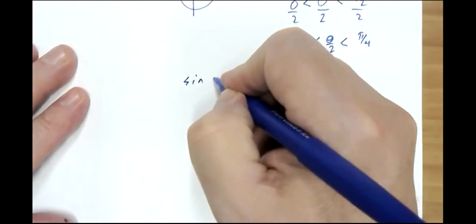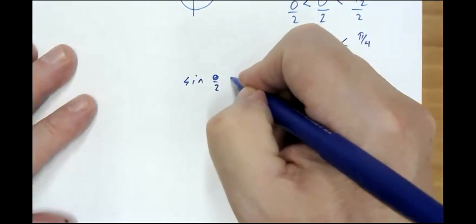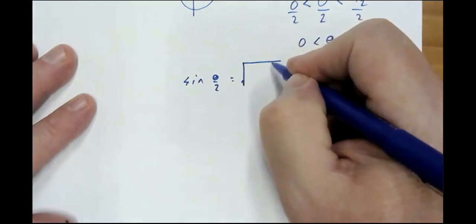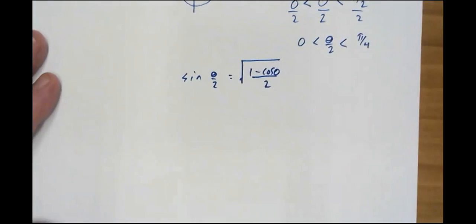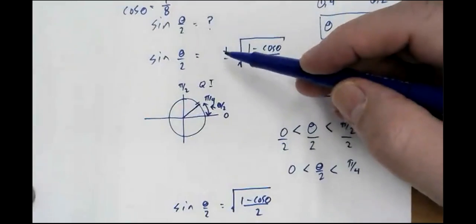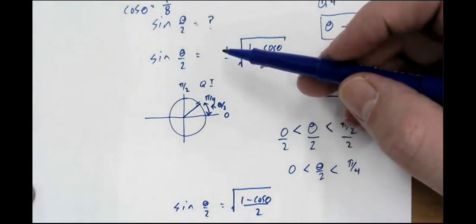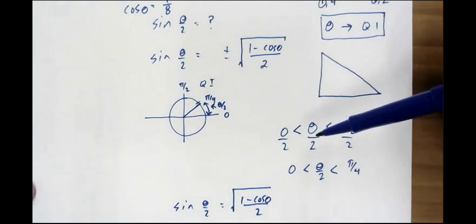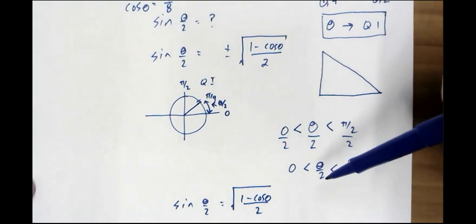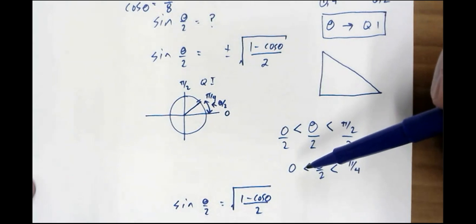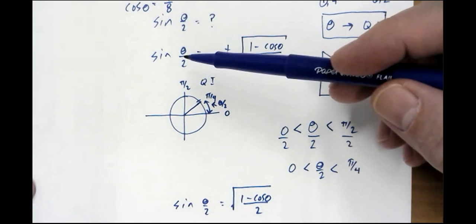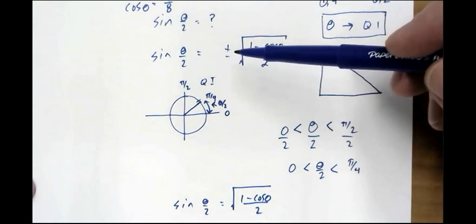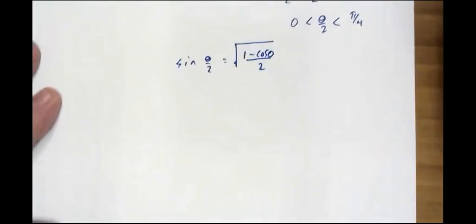So now I can say, here's the formula for this problem. I know it's going to be positive. The formula says plus or minus, but because for this problem I determined theta over 2 is in the first quadrant, and I know the sine in the first quadrant has to be a positive number.